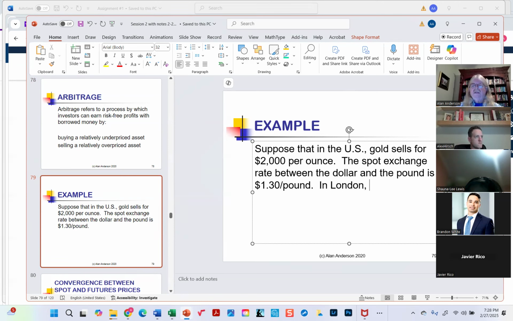In London, gold sells for, or at least we can find a dealer in London who's offering to sell gold for, I better check this with my calculator, £1,600. All right, so you're looking at that and saying, well, so what?